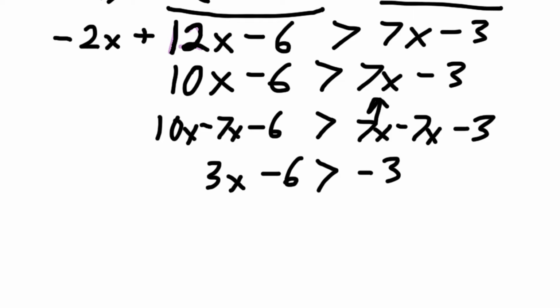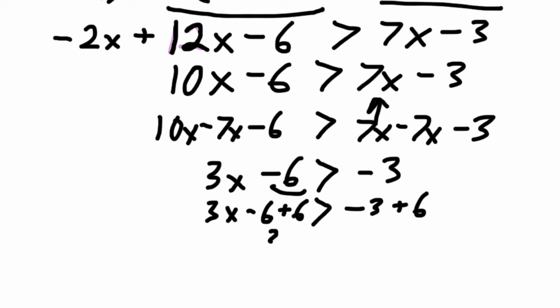We add 6 to both sides to get rid of this 6. 3x minus 6 plus 6 is greater than negative 3 plus 6. We get 3x is greater than 3. Divide by 3, divide by 3, and we get x is greater than 1.